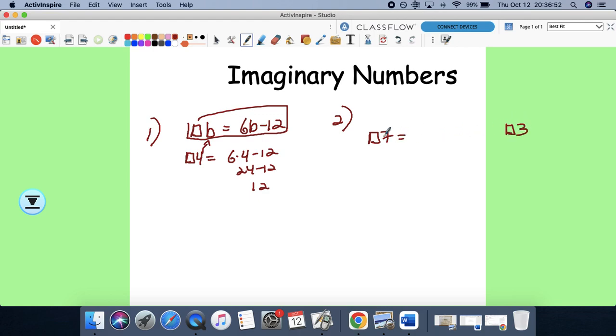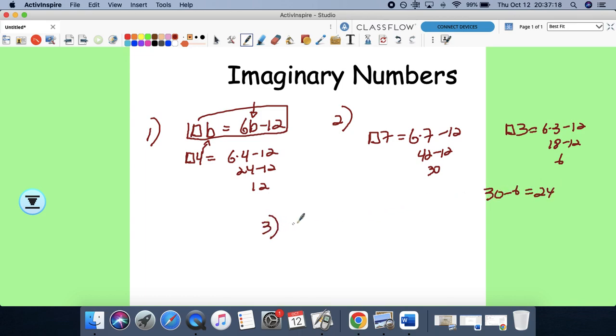So when square 7 means 6 times 7, because I'm replacing the B with 7. Here's where my replacement happens. 6 times 7 minus 12 is 42 minus 12, which is 30. When it's 3, it's 6 times 3 minus 12, which is 18 minus 12, which is 6. Then I subtract 30 minus 6, and I get 24.